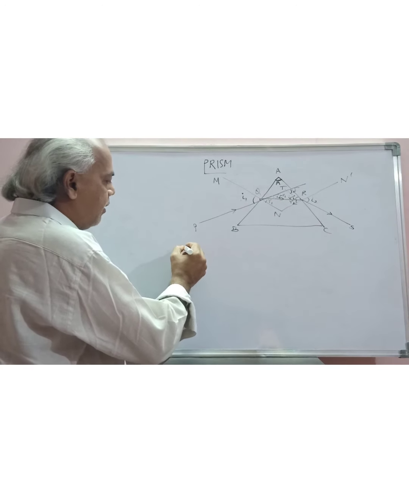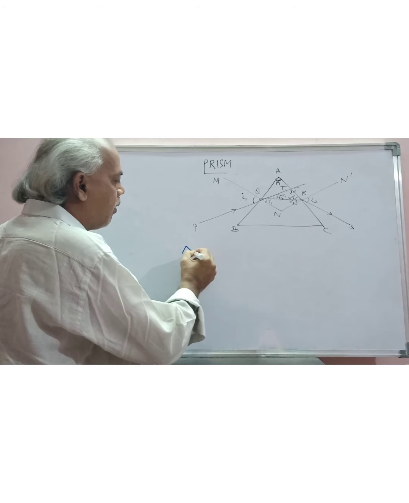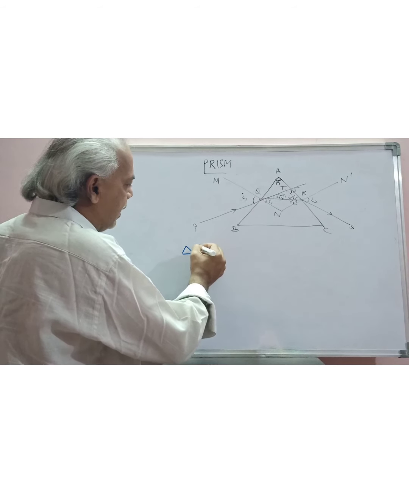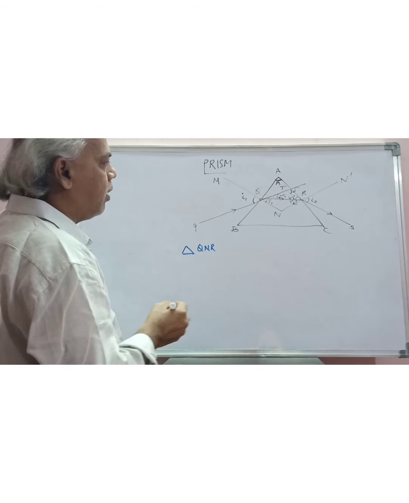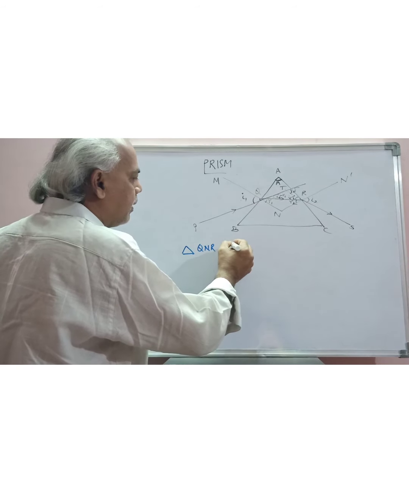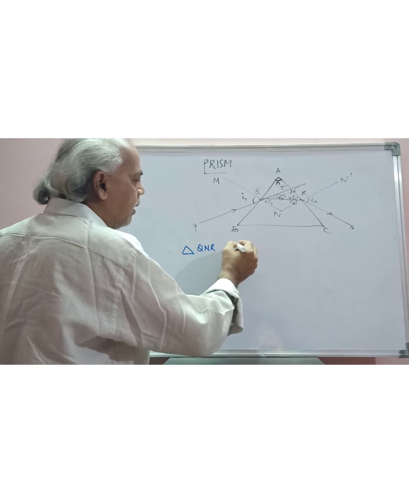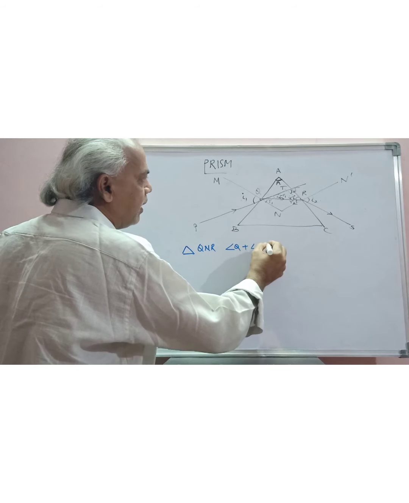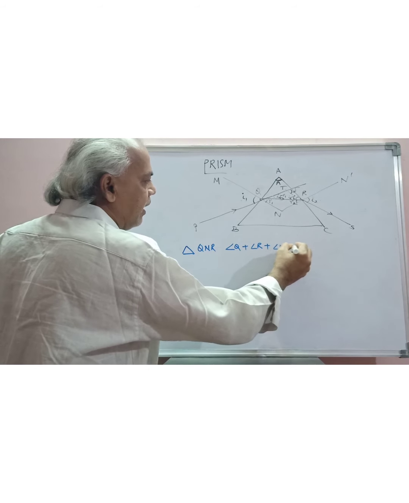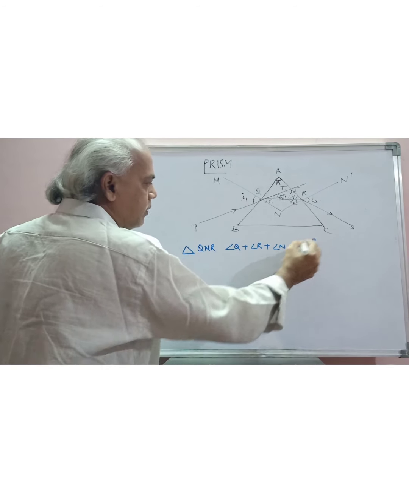In triangle QNR, angle Q plus angle R plus angle N is equal to 180 degrees.